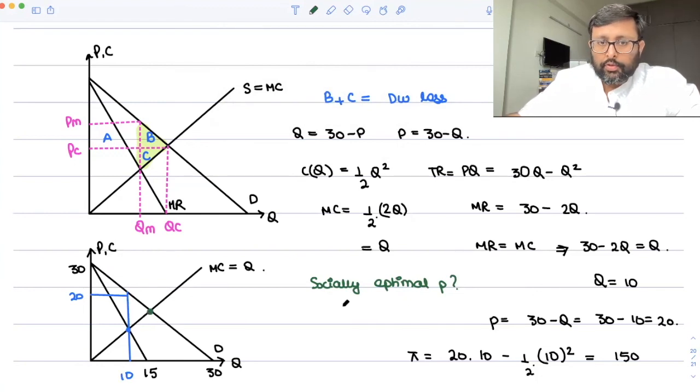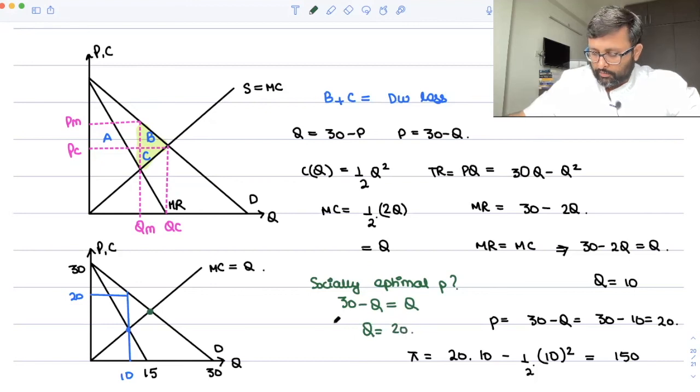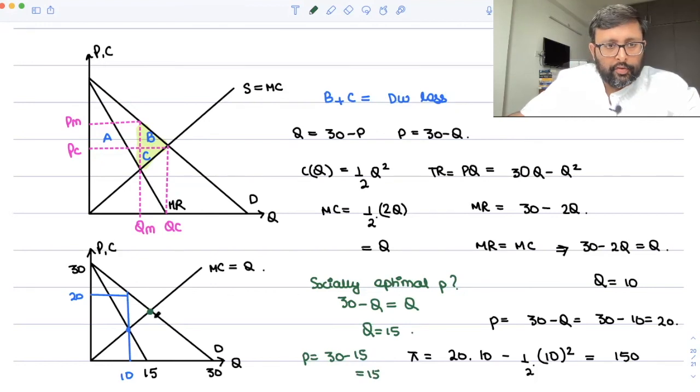Demand is 30 minus Q. Marginal cost is Q. So Q comes out to be 15. At Q is equal to 15, what is going to be the price? 30 minus 15, which is equal to 15. Fair enough. So this is what my quantity is under the competitive structure.